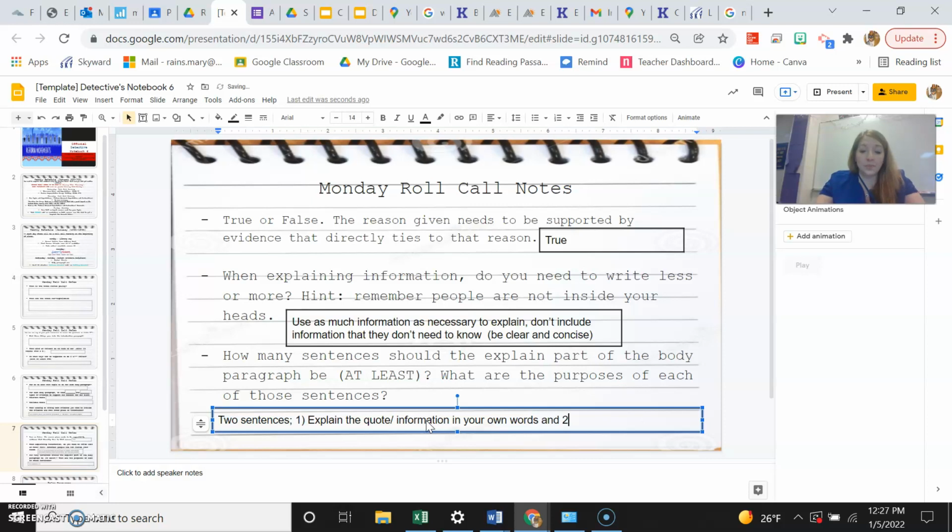And two, you need to explain how that quote supports your claim. So this is a restate and answer of the topic sentence without transition word or phrase.